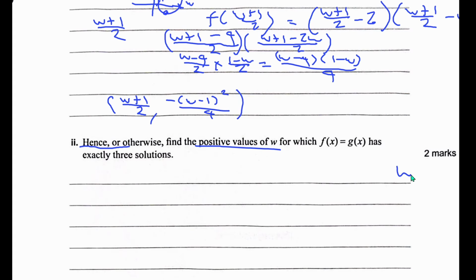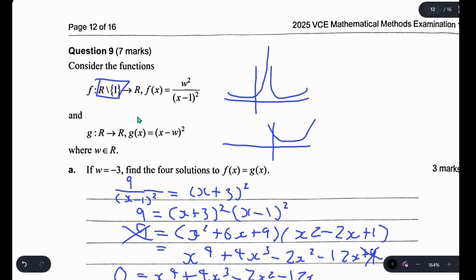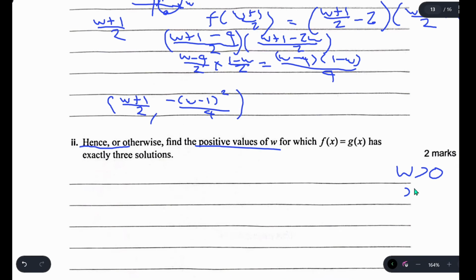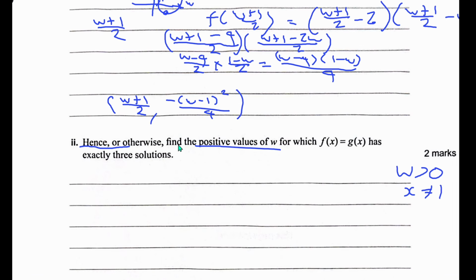So first of all, I'm going to write a note. w has to be greater than 0. Also, another thing to note is that because of this, x cannot equal 1. Find the positive values for w for which f of x equals g of x. So if f of x equals g of x, that basically means w squared over (x minus 1) squared equals (x minus w) squared.